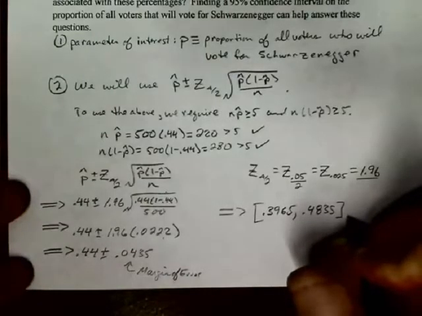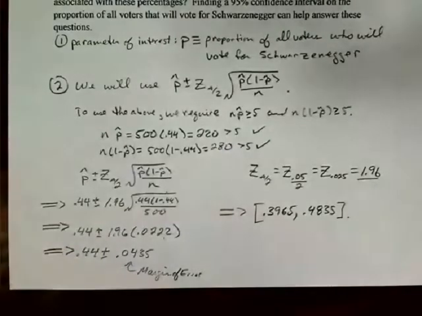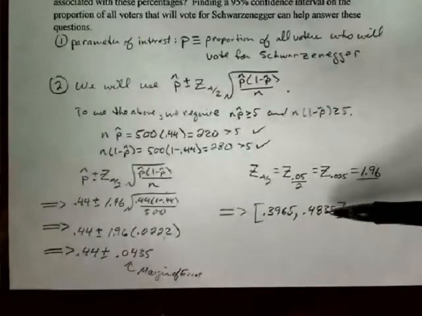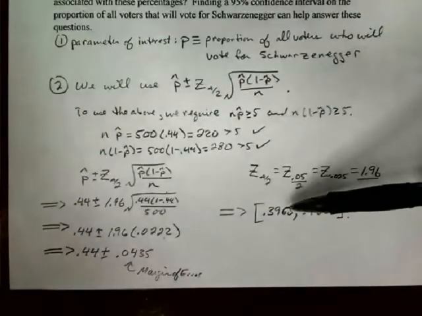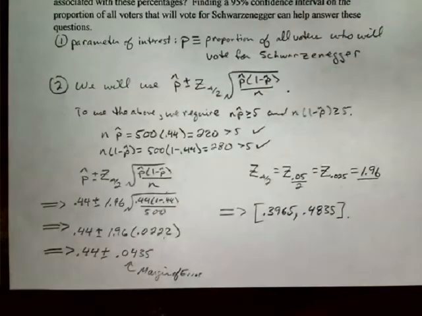Okay, so what we have here is we're saying we would ultimately come to this problem and say we are 95% confident that the proportion of all voters who will vote for Schwarzenegger is between 39.7% and 48.4%.